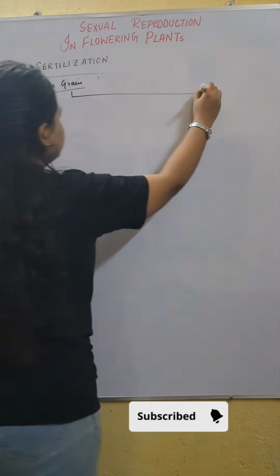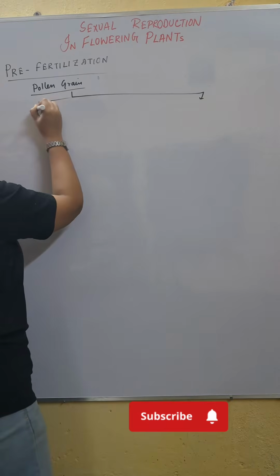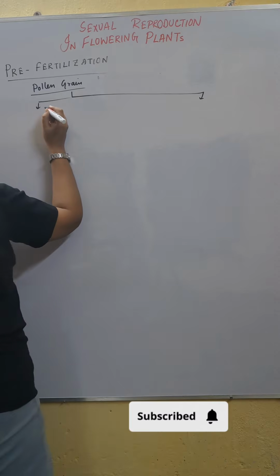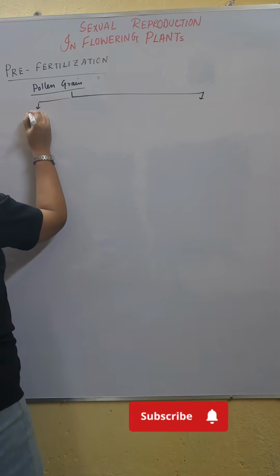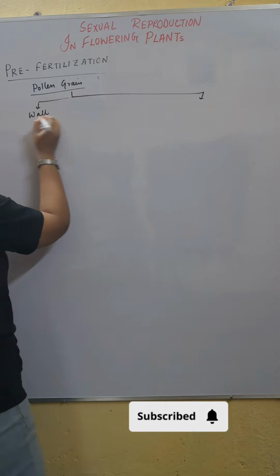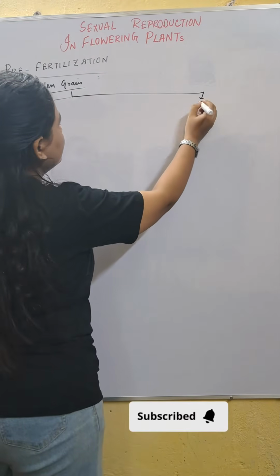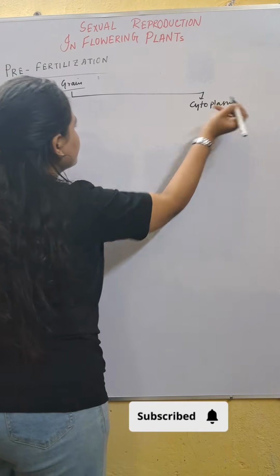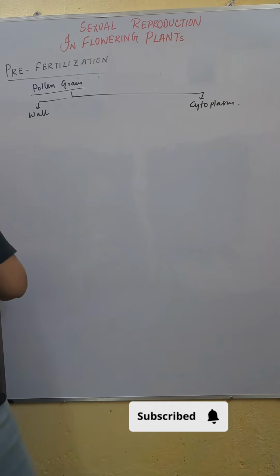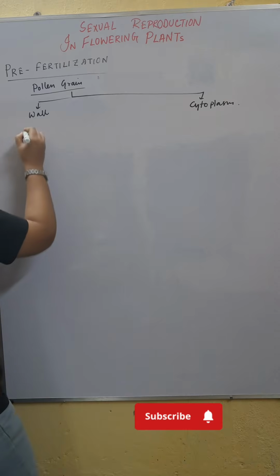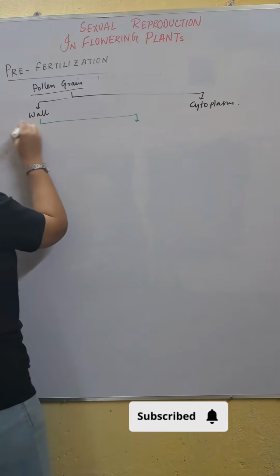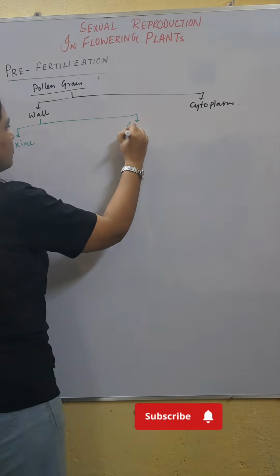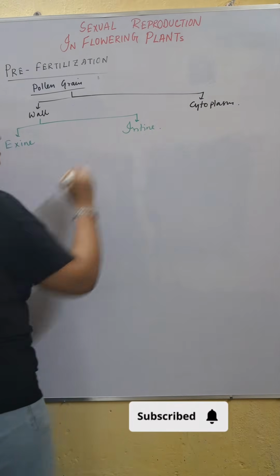Whenever a pollen grain is mature, it has two main parts: the wall, or protective part, and the cytoplasm. This wall has two parts. One is exine and another one is intine.